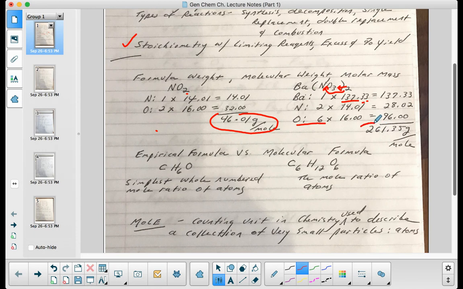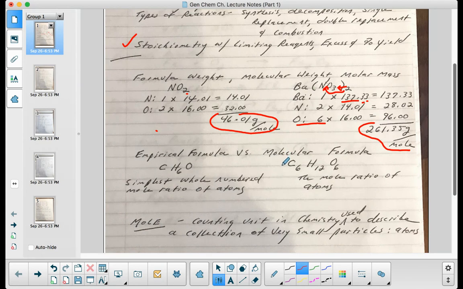Now I have the molar mass of barium nitrate. Okay, so there are some examples of that to practice in the practice worksheet folder. I think that you did it during that lab on gravimetric analysis, so it's pretty straightforward, but definitely practice it.